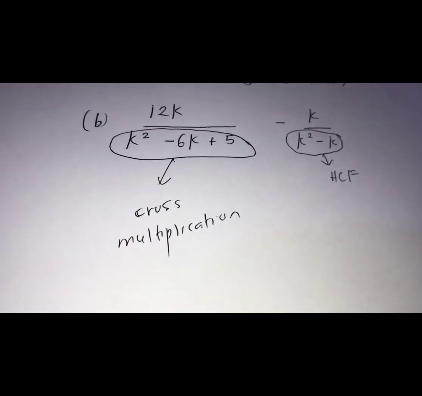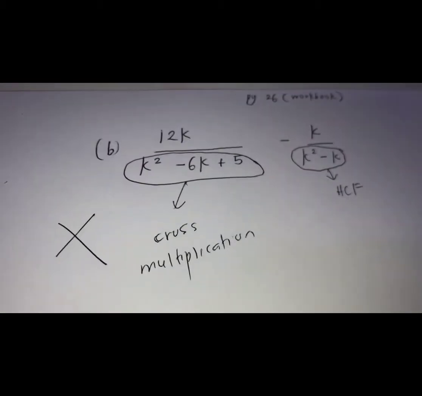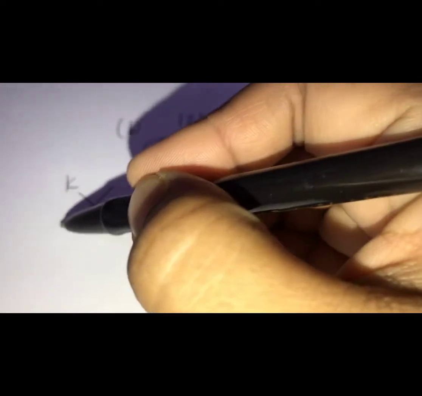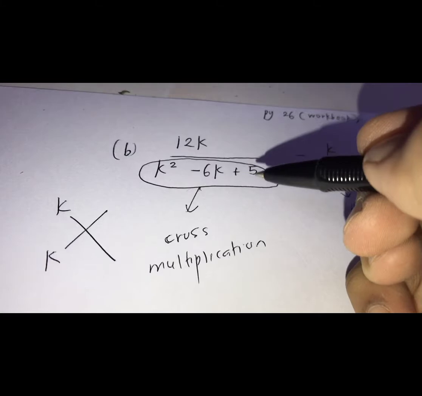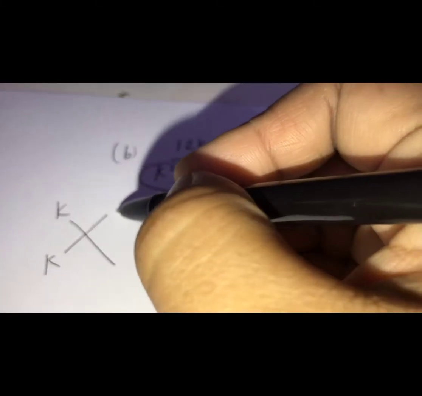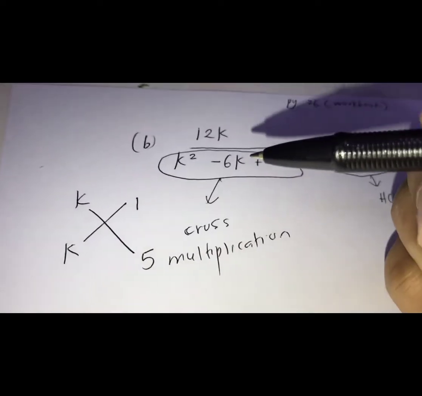After you factorize, you can simplify. Now this one, how to factorize? You already learned before. Cross multiplication like this. k square equal to k times k. And then the factors of 5. 1 times 5, if you plus, you get 6, right?